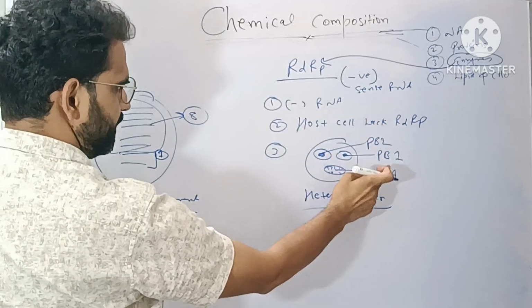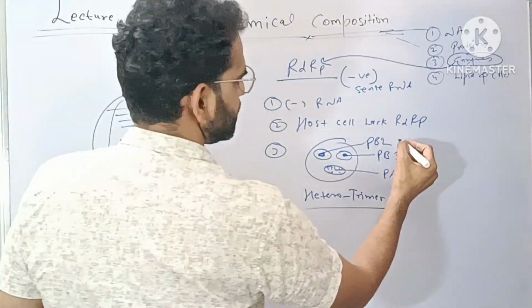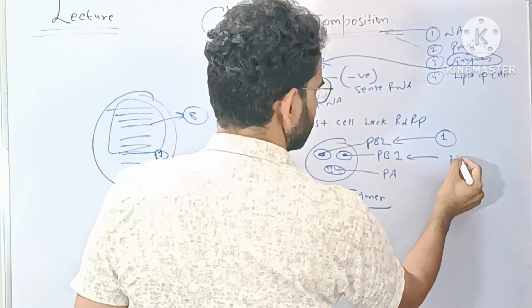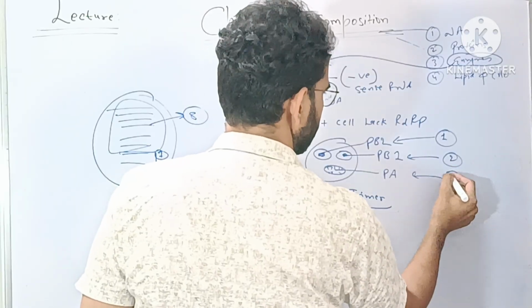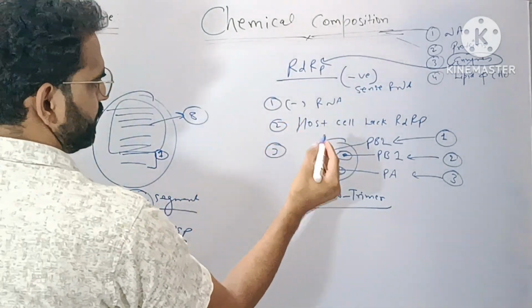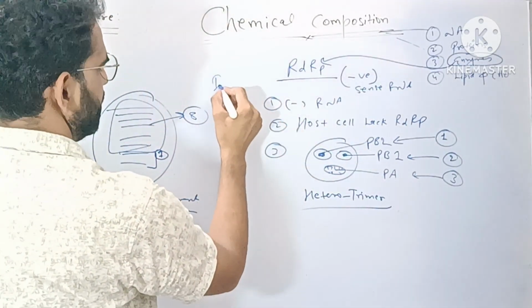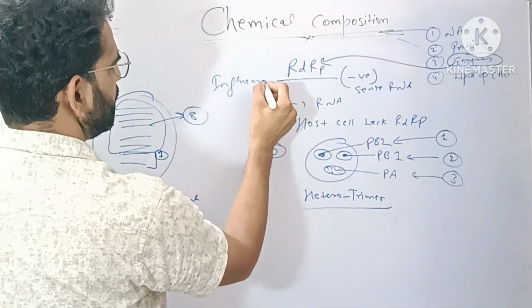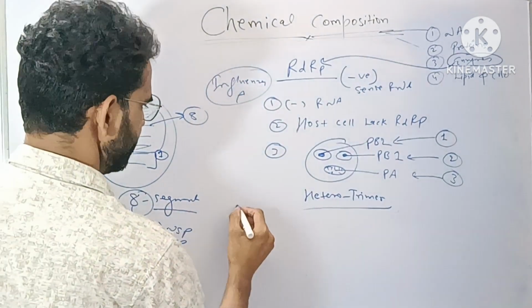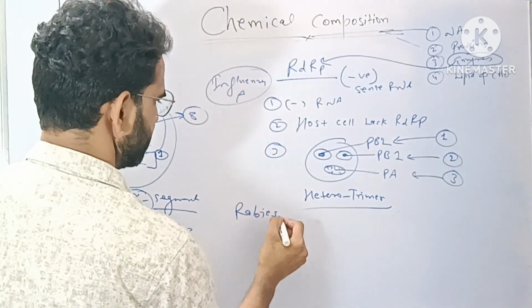These are coded by segment 1, segment 2, and segment 3. So this is the structure of the RdRp of which virus? Influenza A virus. Similarly, rabies is also negative sense.